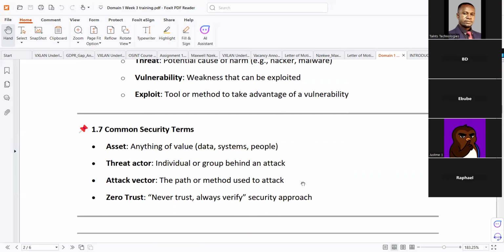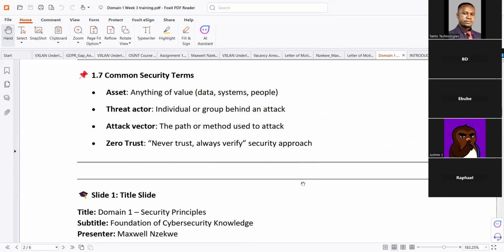All right. So let's look at common security terms. What are the common security terms? We have assets, threat actor, attack vector, and zero trust. Under zero trust, we have what we call zero-day attack.